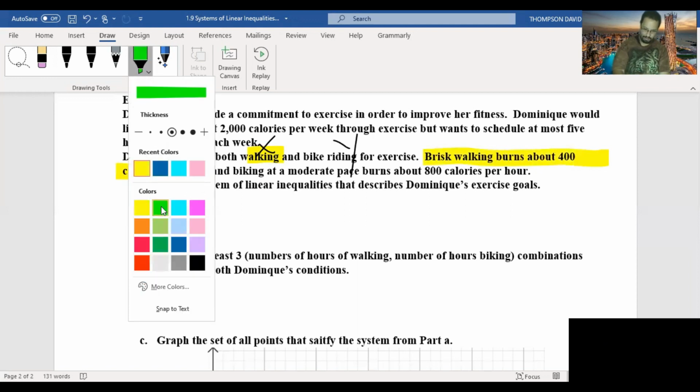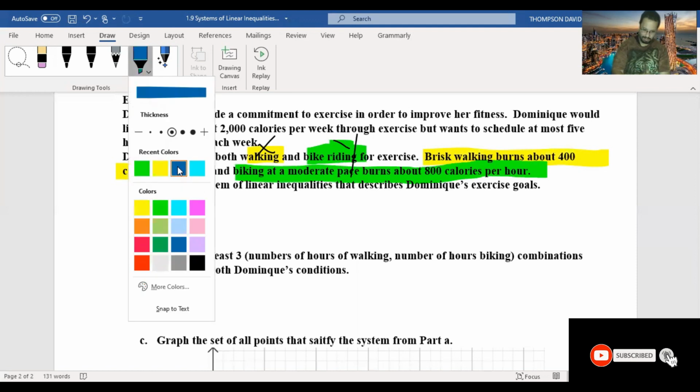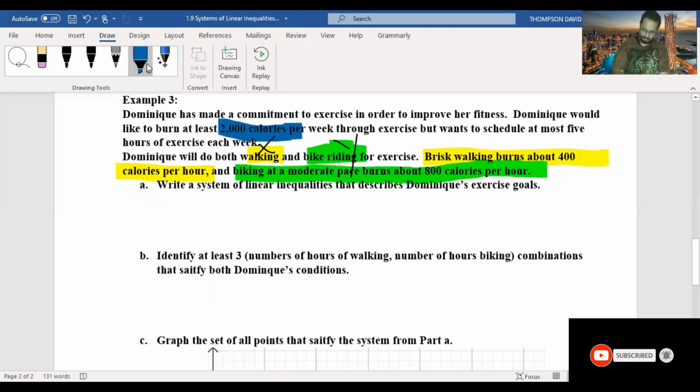And we'll use green for bike riding. Bike riding at a moderate pace burns 800 calories per hour. We'll highlight in blue the amount of calories, and in light blue how many hours you want to exercise, which is 5 hours.